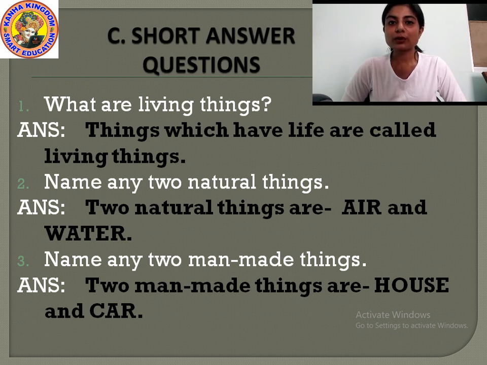Answer: two natural things are air and water. Question number 3. Name any two man-made things. Answer: two man-made things are house and car.